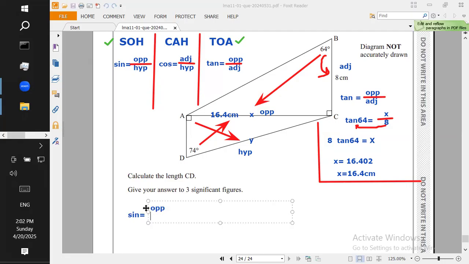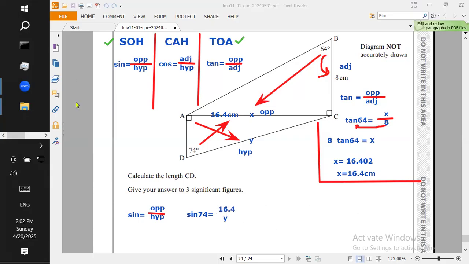Focus on the trigonometric ratios and how to use the right trigonometric ratio for every triangle. So here, sine of the angle, which is 74, so sine of 74 equals opposite, which is 16.4, divide the height, which is y.